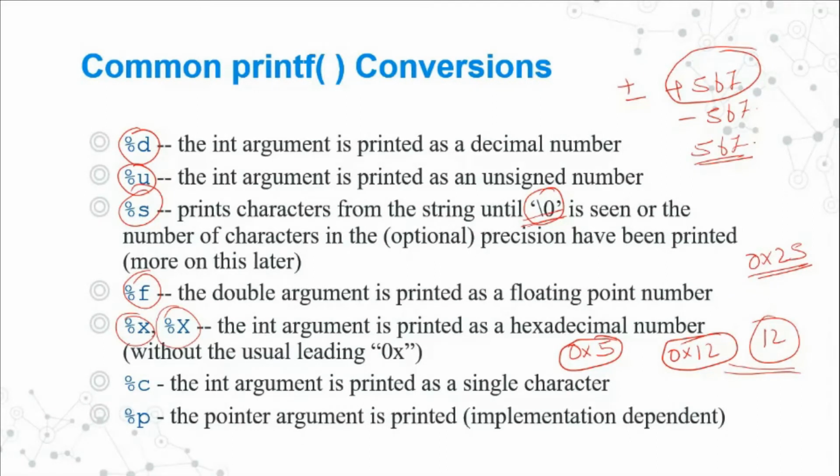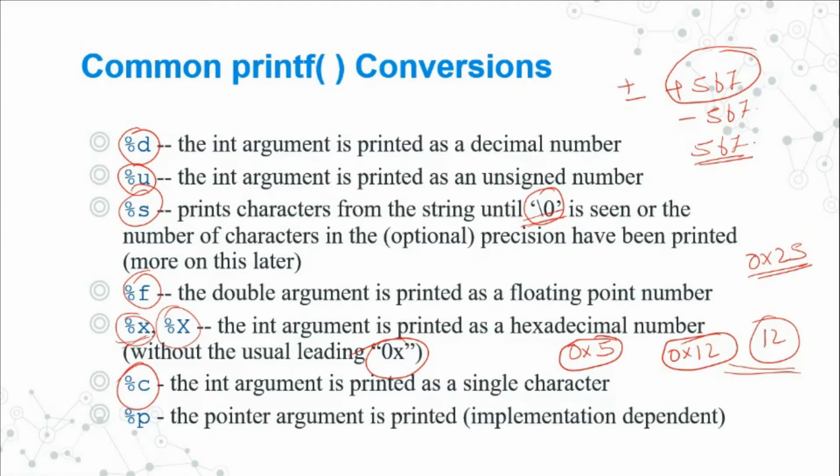0x is normally written in front of the number, but when you use this format specifier, %x or %X, this leading 0x won't be printed or displayed on the screen. Then %c: the integer argument is printed as a single character.